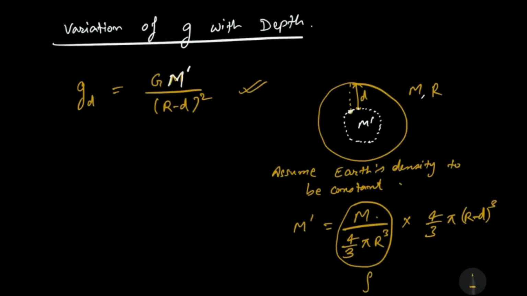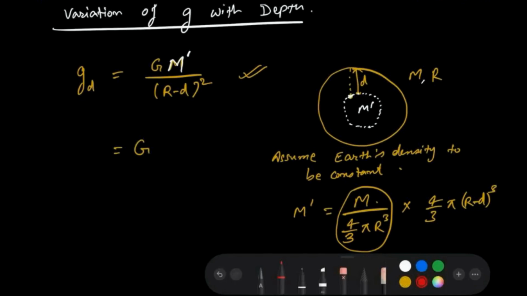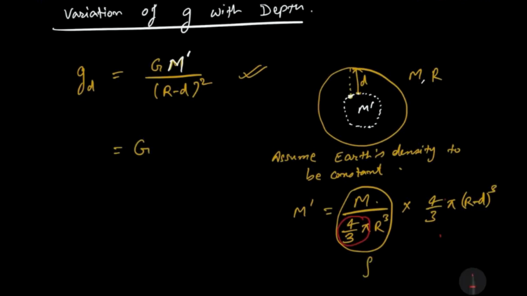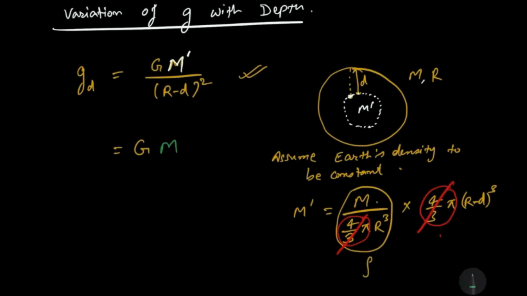Yes, sir. Making sense now? Substitute it here. Then instead of GM dash, you write this entire thing. Okay, so let us cancel out this and this, and what we have is GM (R minus d) upon R whole cube.